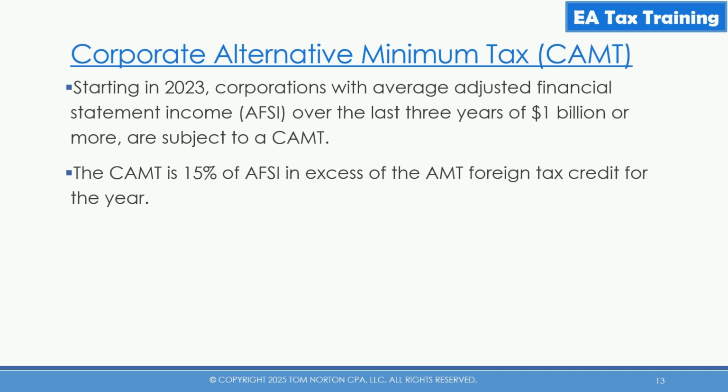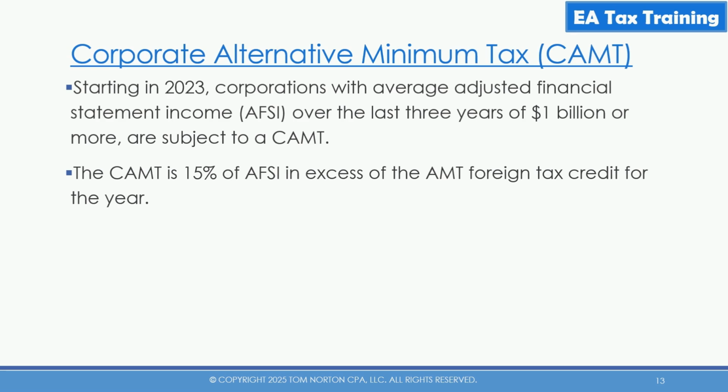So those are going to be available to the public and to the investors and to their lenders. Even if they're not publicly traded, those financials will be available to their lenders and to others who might want to invest in the company. So for that purpose, the corporation wants to look good. So they want to show as much income as possible. So they want to show high book income or financial statement income, and they want to show low taxable income.